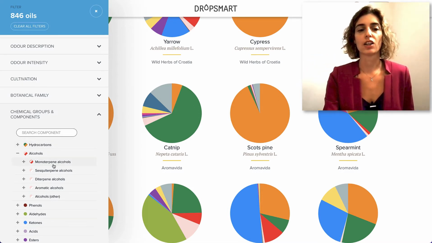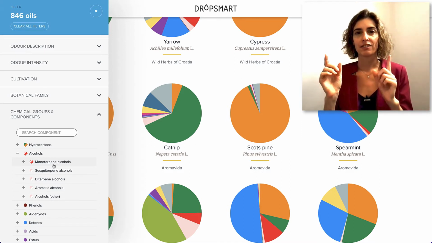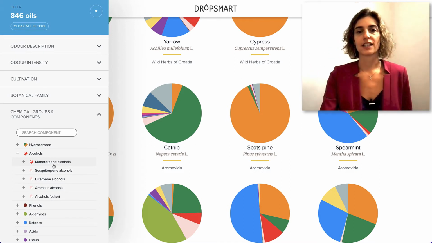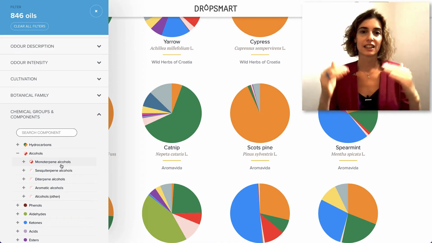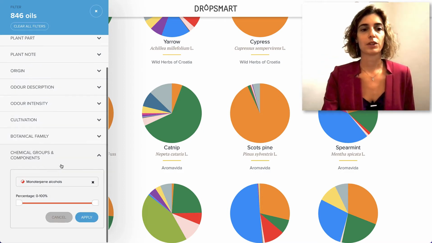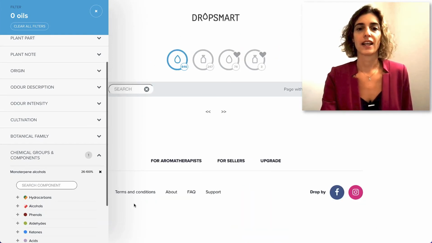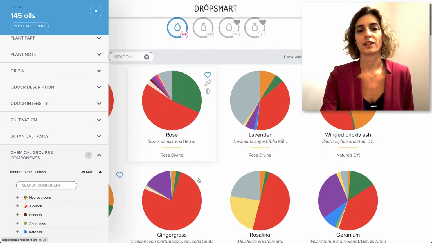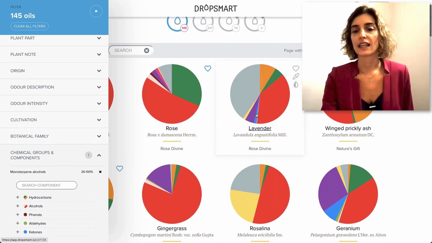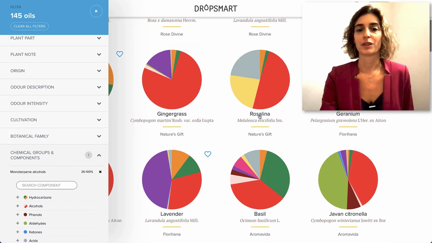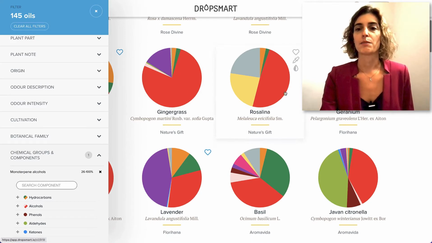So monoterpene alcohols, although they have 10 carbons, they are still middle notes. So let me show you. So oils that have, let's say, over 25% of monoterpene alcohols, and you will see that you're very familiar with these oils. Rose, lavender, well, ginger grass you might not know about, but geranium.